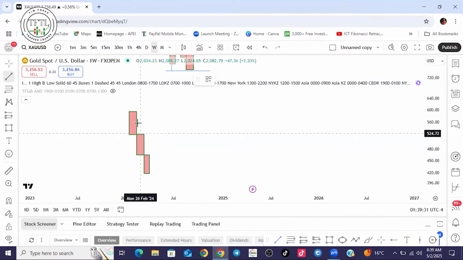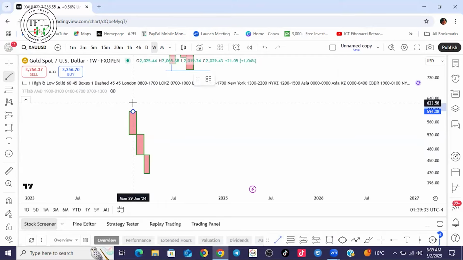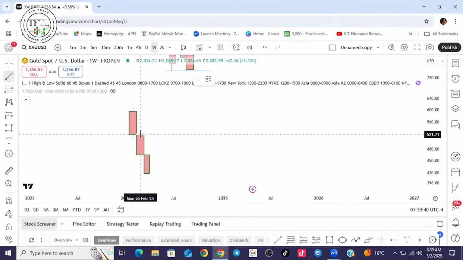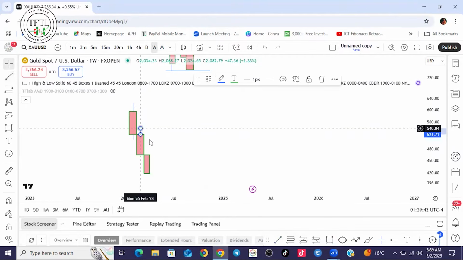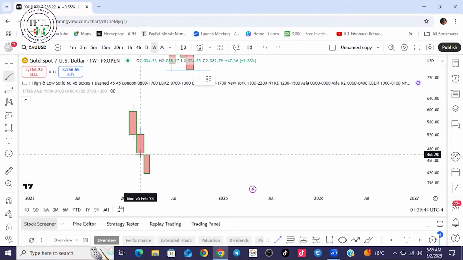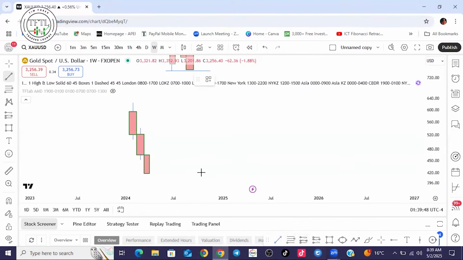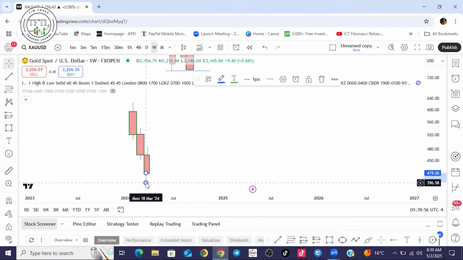These are the wicks of the candlesticks. I'll put the wicks so that I can add some lipstick to the charts, as my mentor says. So that is the candlestick. We have the sell candlesticks, then we have this last candlestick there.